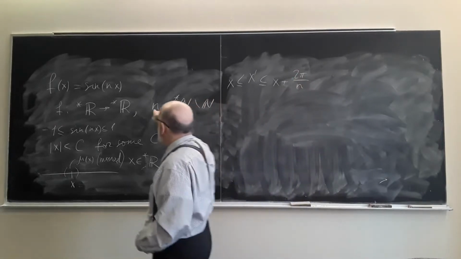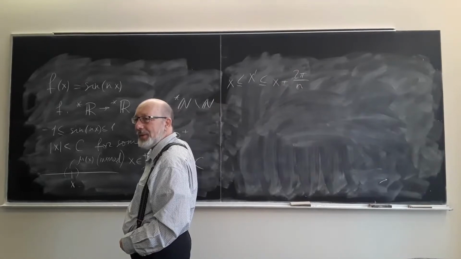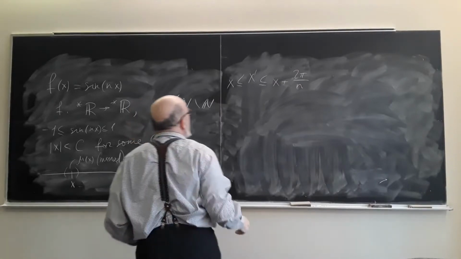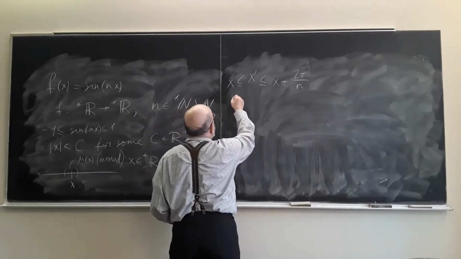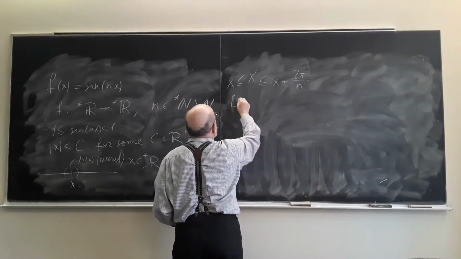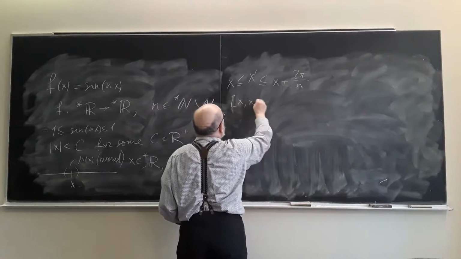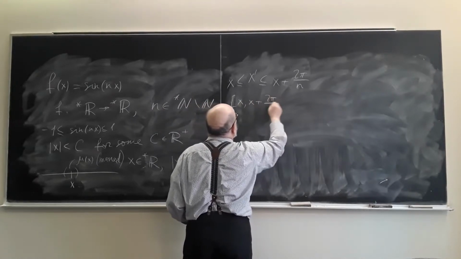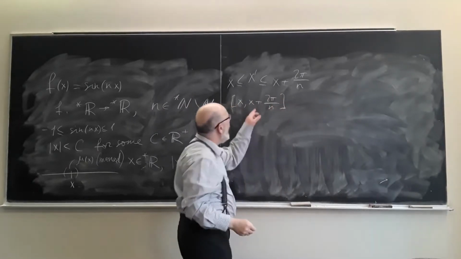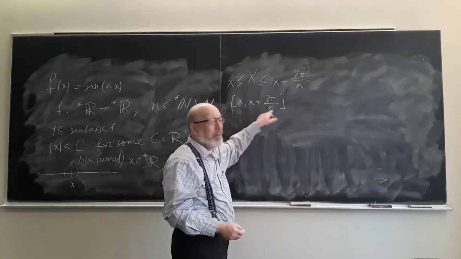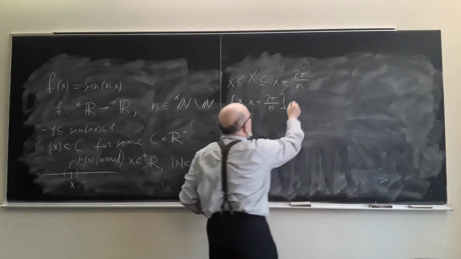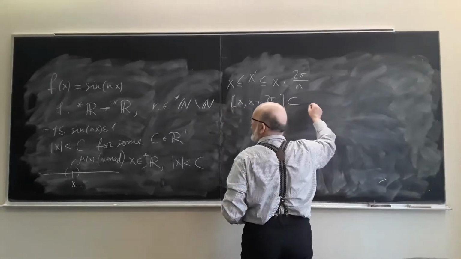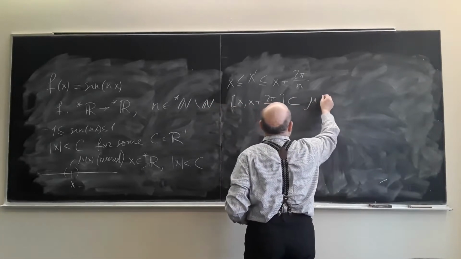Here this n is infinitesimal. So this interval or segment, x plus 2 pi divided by n, is an infinitesimal number, 2 pi divided by n. And this means that it is all contained in the monad of point x.